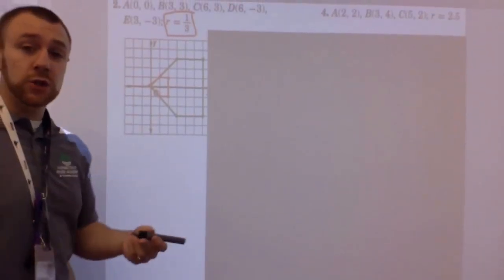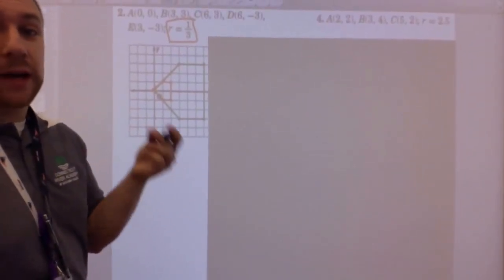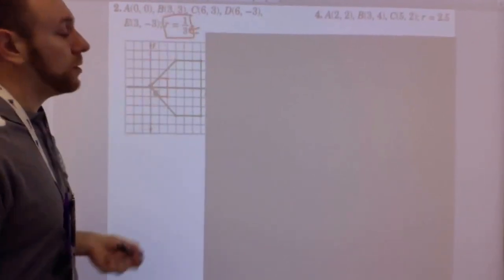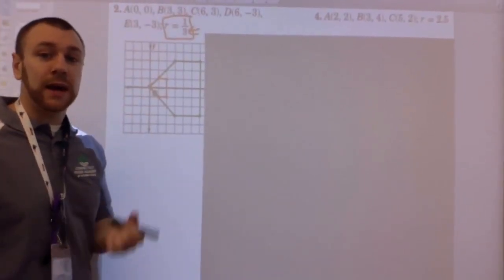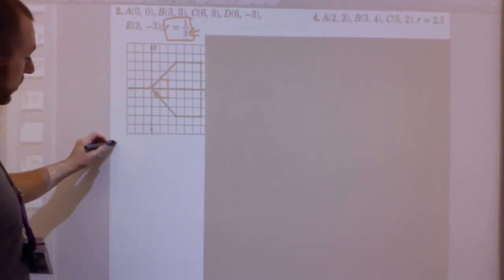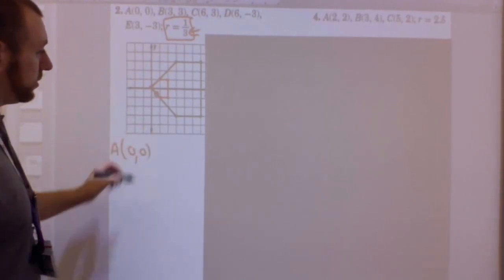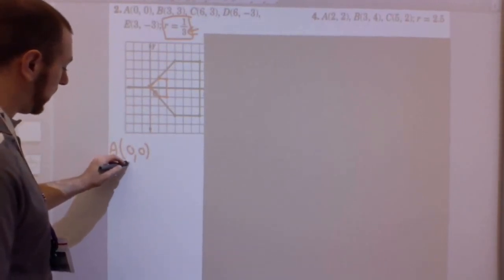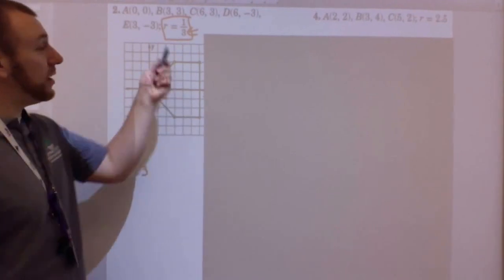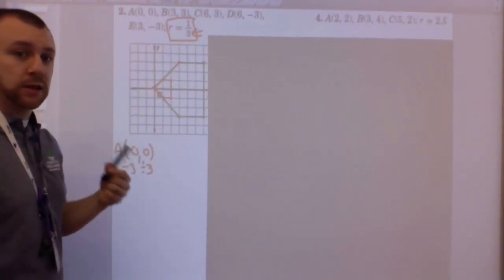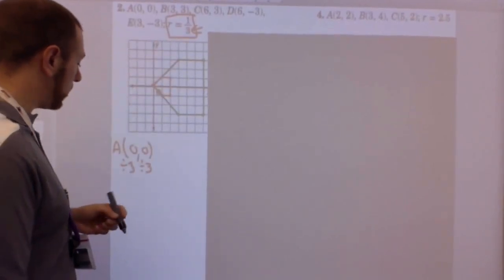So what I can do is divide by the denominator. 1/3 is really the same as dividing by 3. So I'm going to take each one of these points, A, 0, 0, and this isn't a good example, and I'm going to divide by 3. This is when you have a fraction.